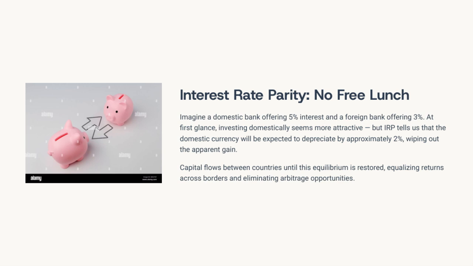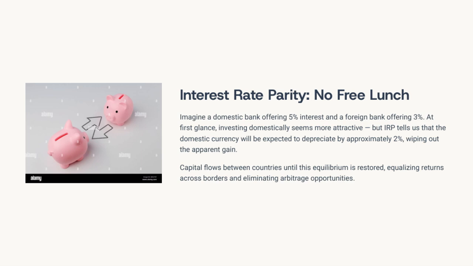But here, where interest rate parity, or IRP, comes into play, IRP tells us that the expected change in the exchange rate will offset this interest rate differential. So, in this case, the domestic currency is expected to depreciate by about 2%. This depreciation effectively wipes out the apparent gain from the higher interest rate.